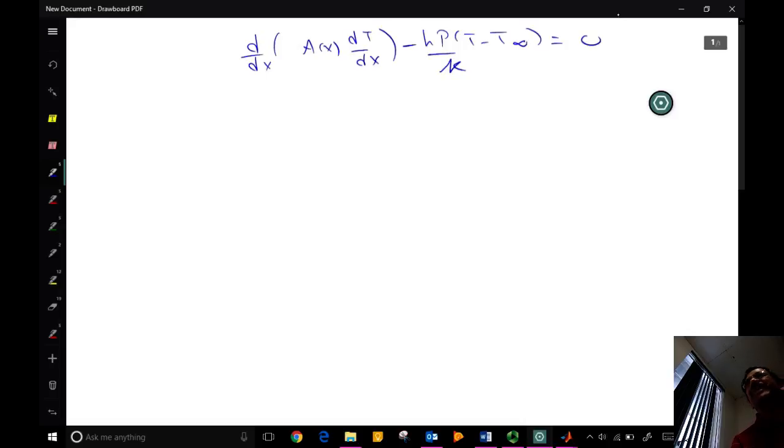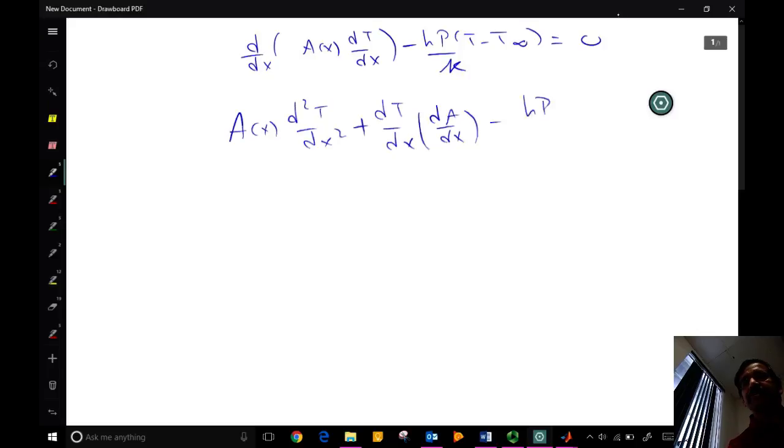But you need to expand this. So you need to write this as A(x) d squared T/dx squared plus dT/dx times dA/dx minus hP over k (T minus T infinity) equal to 0.